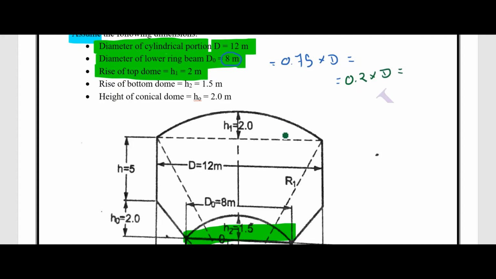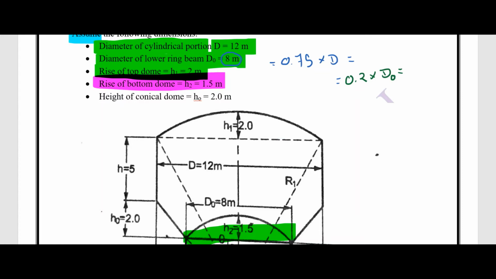Then the rise of the bottom dome, same equation, just change D to D0. 0.2 into D0 gives the rise of the conical dome.